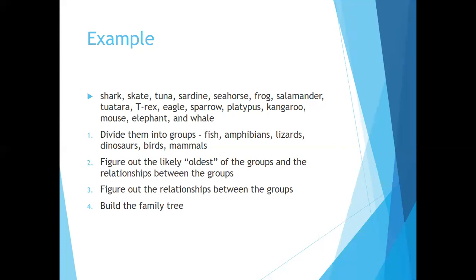And then you may want to subdivide inside of this, the cartilaginous versus the bony fish, frogs versus salamanders, the different types of lizards, and see how things might go together. You want to then figure out what is likely the oldest of the groups, and then the relationship between the rest within the groups. Then you put the groups together to figure out their relationships, and you build a family tree.